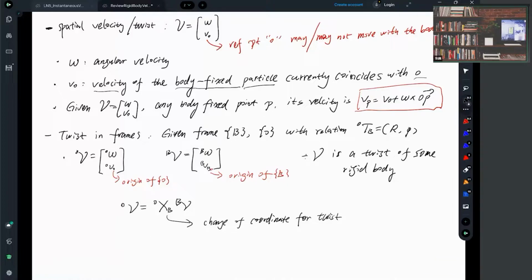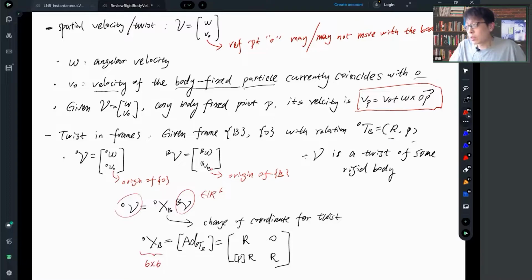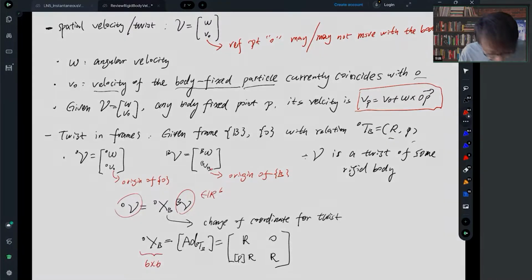This X_BO is nothing but the adjoint operator of T_BO, which by our definition here, R and P, is R, P skew-symmetric times R, and R. X_BO is the change of coordinate for twist, and this is a 6x6 matrix. This is an R6 vector, which gives you another R6 vector representing the same physical quantity in different frames.